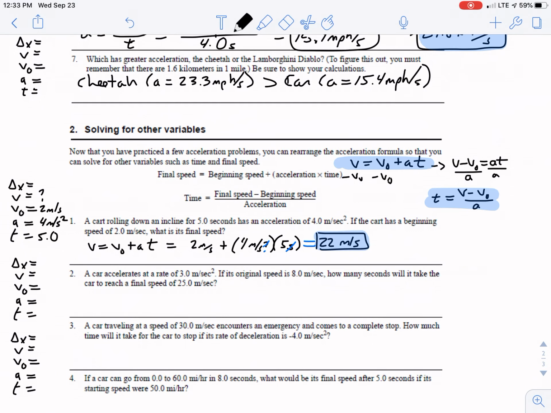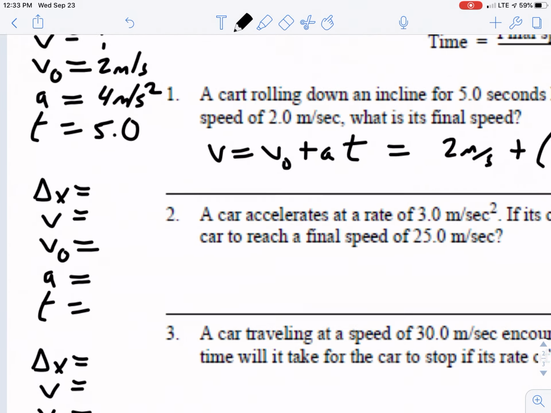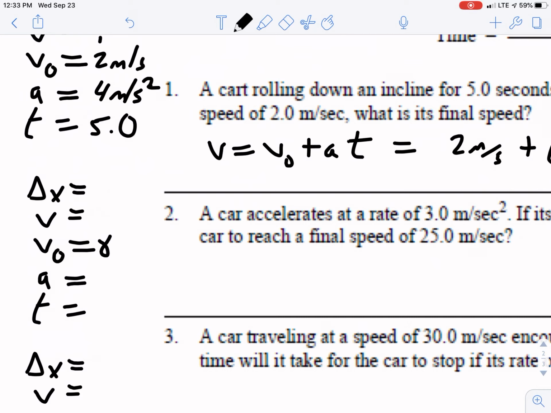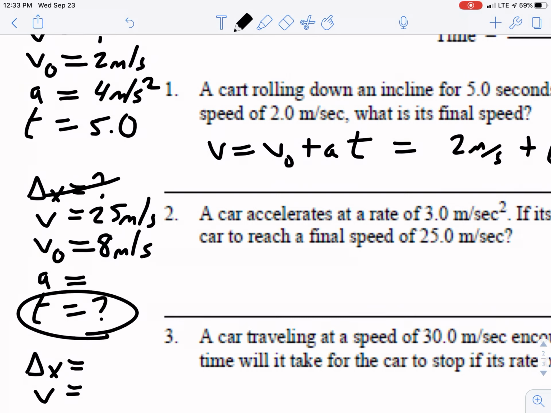In question 2, a car accelerates at a rate of 3 meters per second squared. Its original speed is 8 meters per second. How long will it take to reach a final speed of 25? So we're going from 8 to 25, and we want to find out how long that takes. Again, displacement is my who cares variable with an acceleration of 3 meters per second squared. We're going to use the equation we derived above.